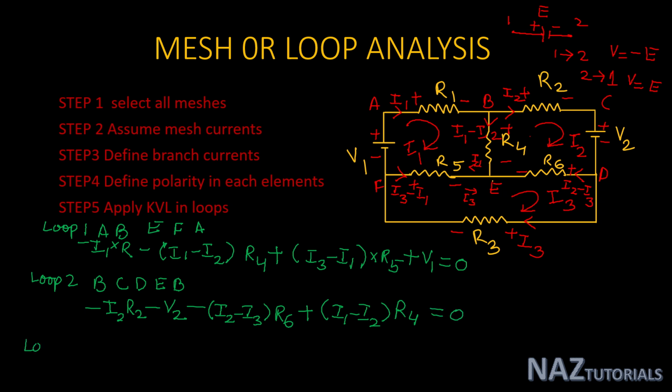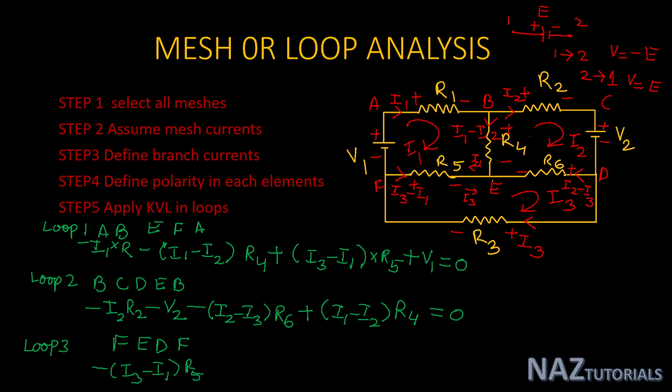Now come to loop 3. For loop 3, the path is F, E, D, F and apply KVL. F to E, there is a fall in voltage and the current is I3 minus I1 and the resistance is R5.